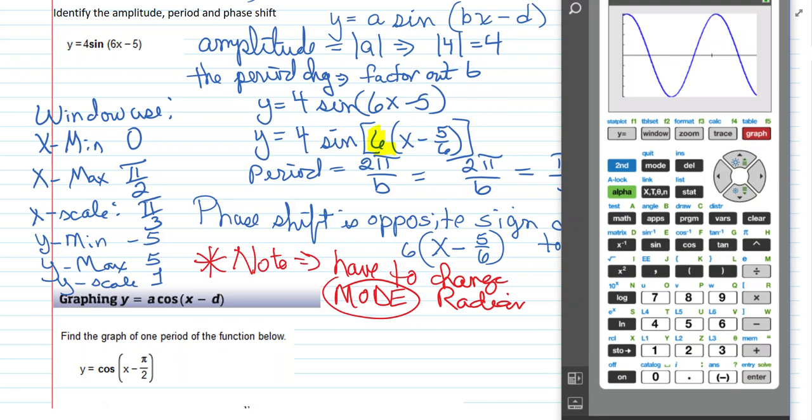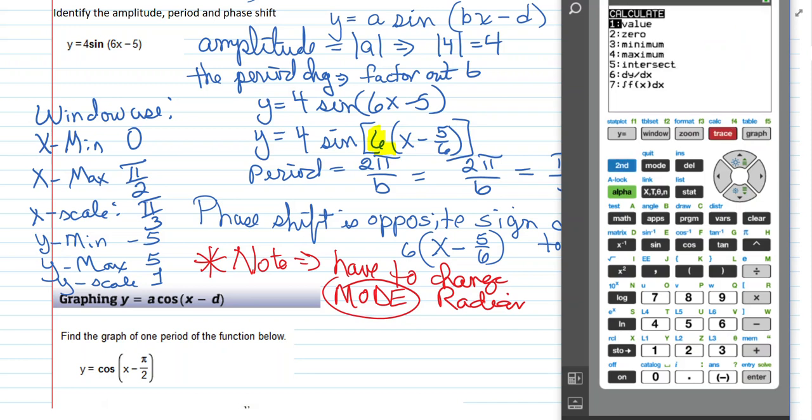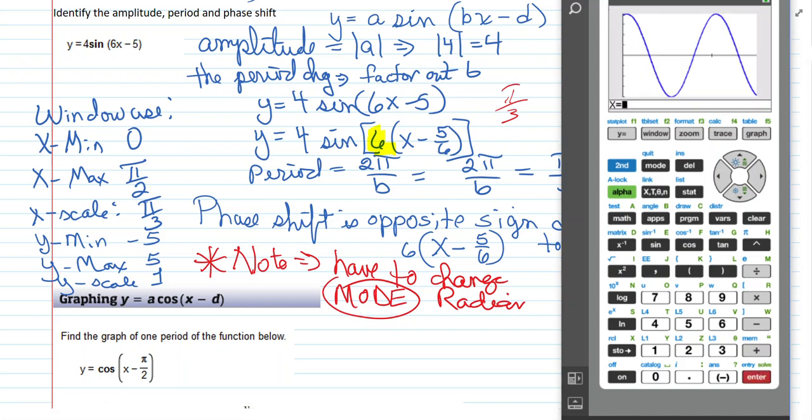Okay, so we want to know second trace, and we want pi thirds there. So that's going to be 2 pi minus 5, right? And I didn't do good math, but you get it.